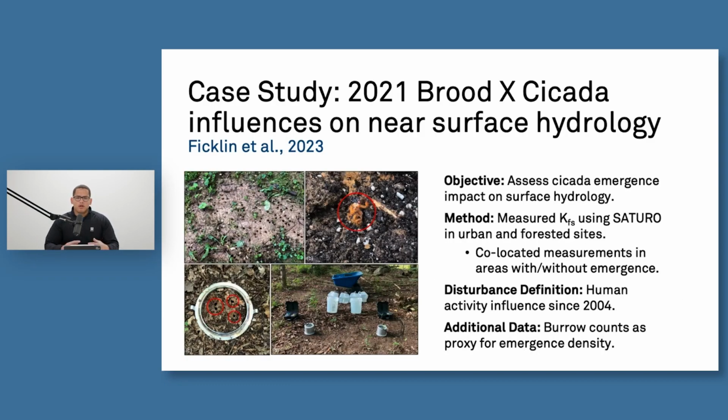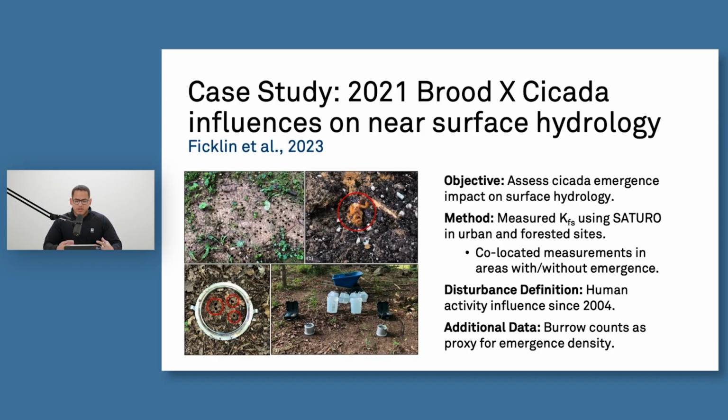So to assess the impact that this emergence has on surface hydrology, after peak emergence, Ficklin et al. measured field-saturated hydraulic conductivity using the SATURO at disturbed urban sites within Bloomington, Indiana, and in undisturbed forested sites outside of that area.